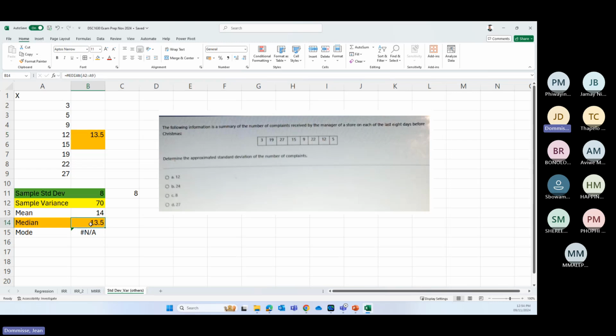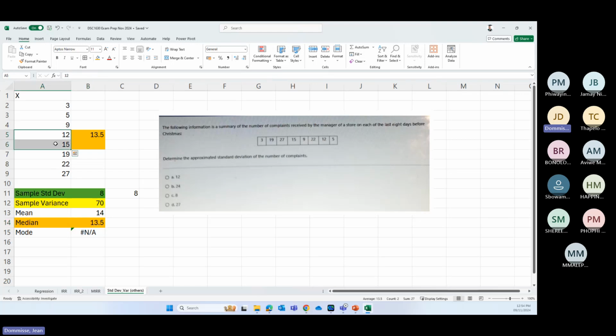So if you do it by hand, with a calculator, you won't be able to work out median and mode, I think. But if you do it by hand, rank it, because that's very important.